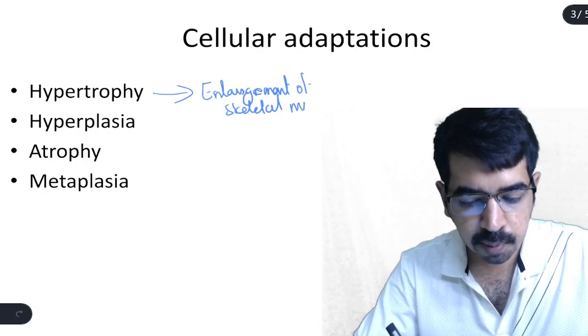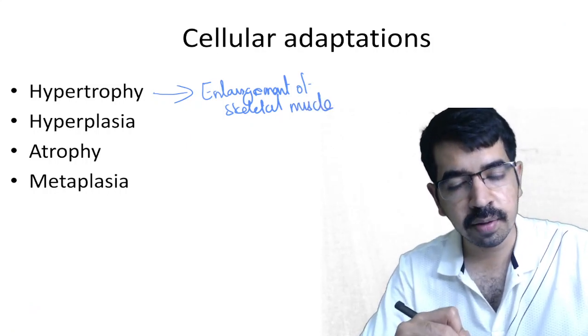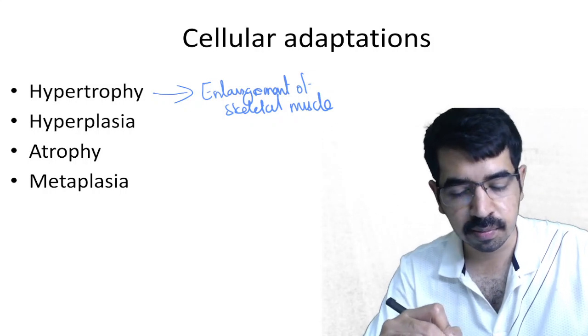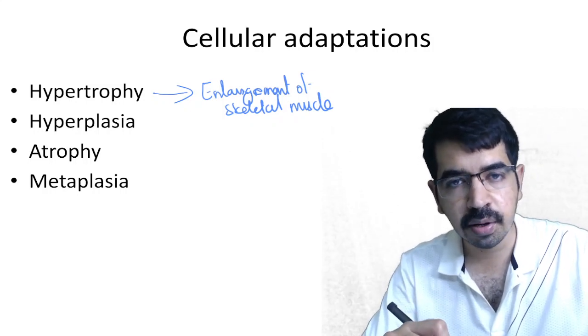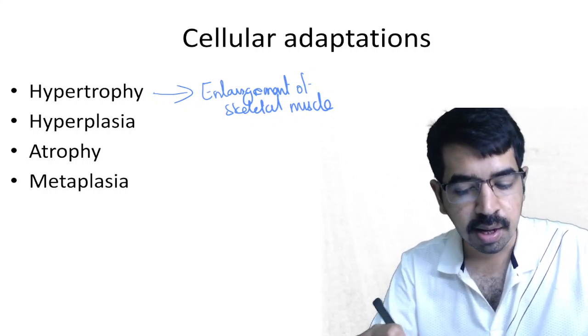These skeletal muscles are post-mitotic cells. They are not capable of dividing. So the only way to enlarge is increase in size of the cell. So you get bulky muscle after you go to the gym every day. That is an example for hypertrophy.